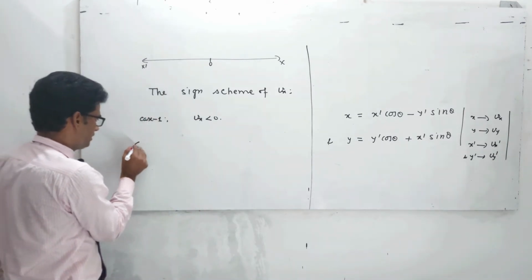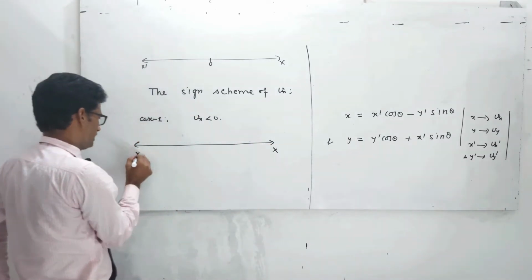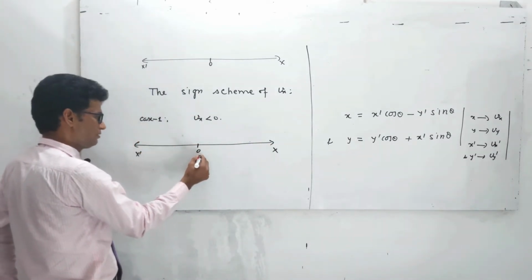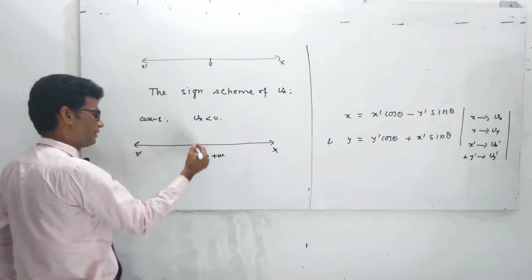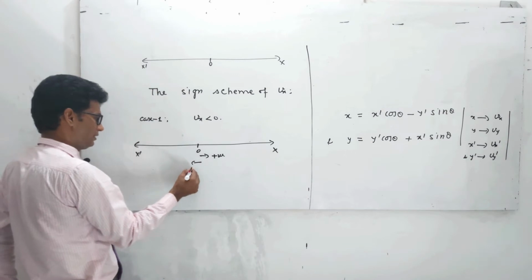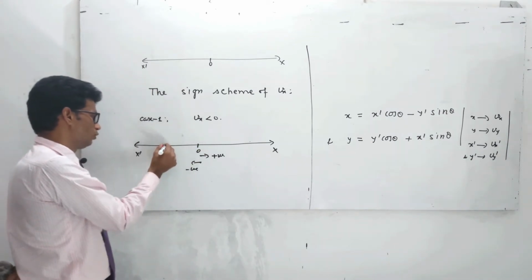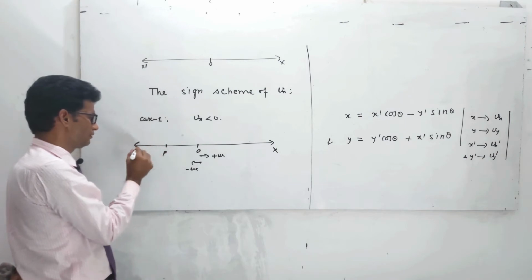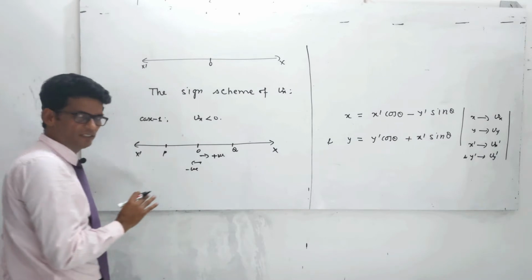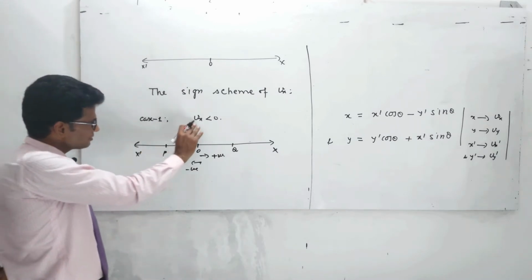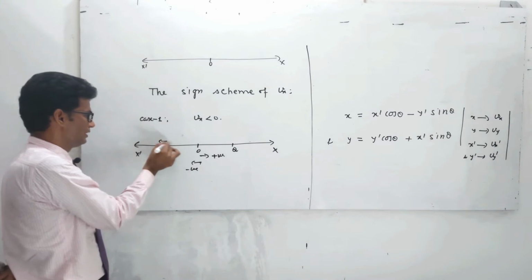Say here, the particle is moving along the x-axis, x prime, say here is the origin, so right of the origin is customarily taken positive; you may take it negative, but here it is positive. Suppose the particle is at the origin or left of the origin, say at P, or right of the origin, say at Q. No matter where the particle is, if vx comes out to be negative, then the particle is moving in the negative x direction.